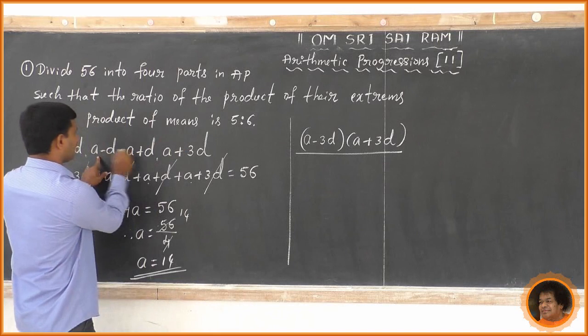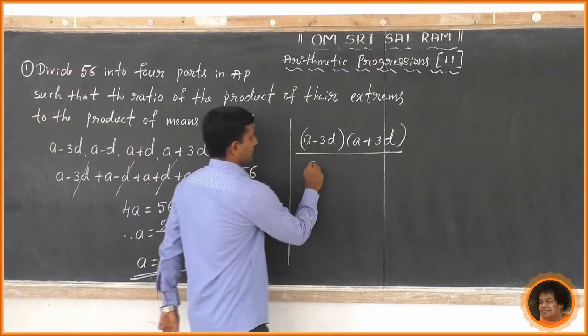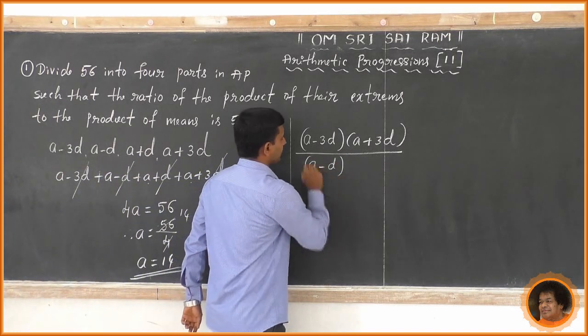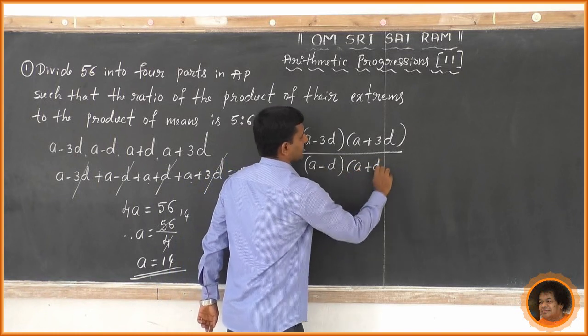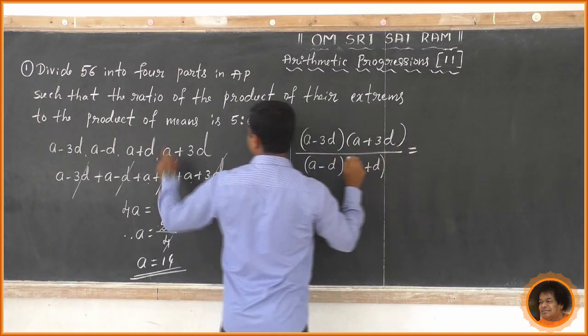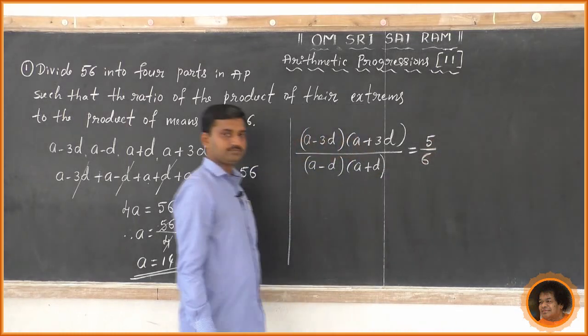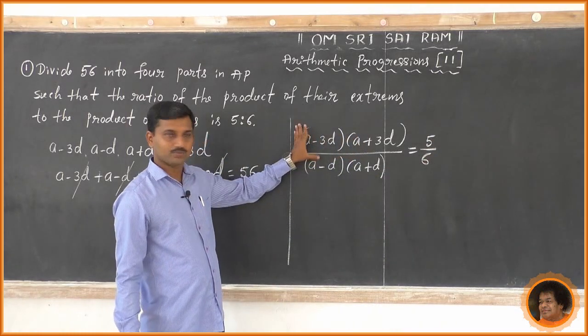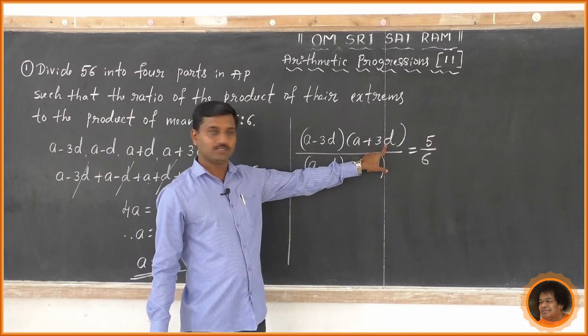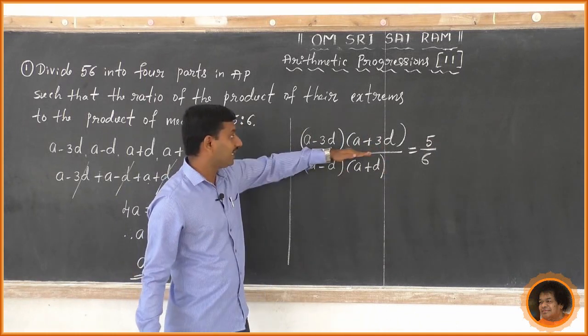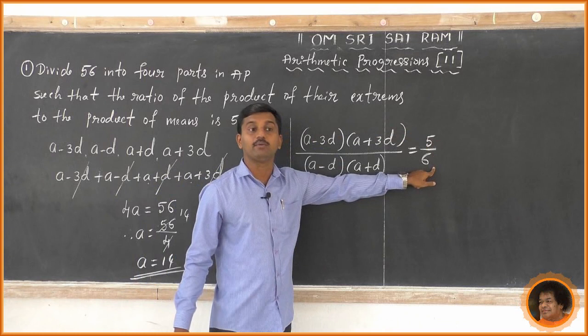Means means the product of the second and the third term. So a minus d into a plus d, which is equal to, that is given, 5 divided by 6. I think it is clear. Product of the extremes over product of the means, their ratio given is 5 by 6.